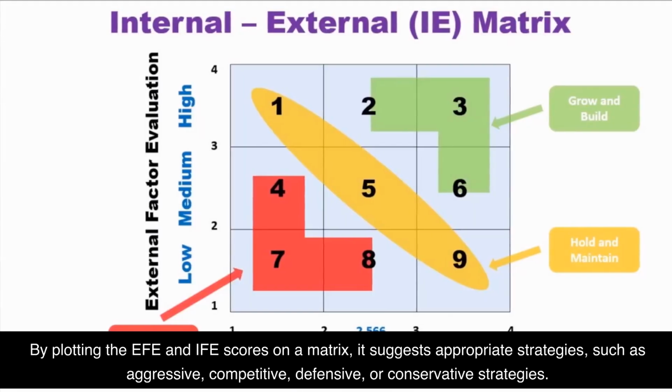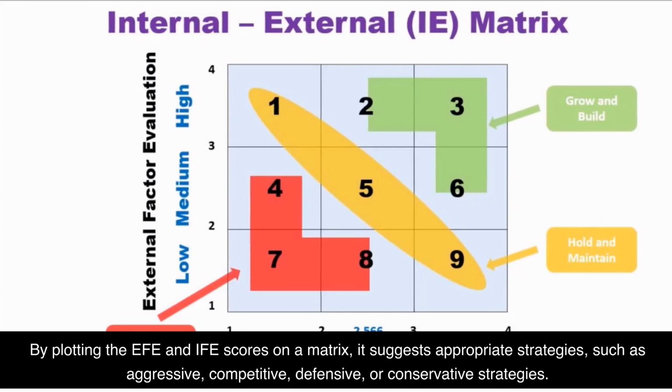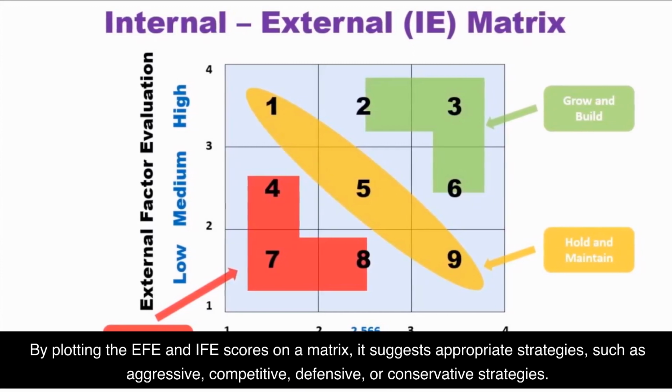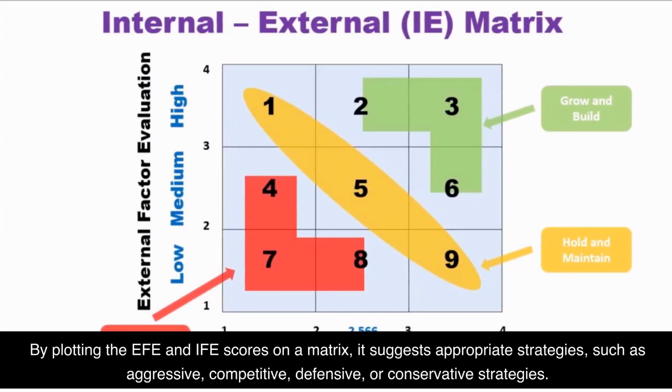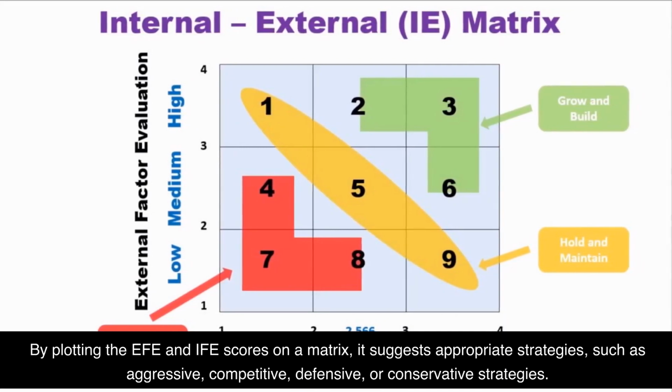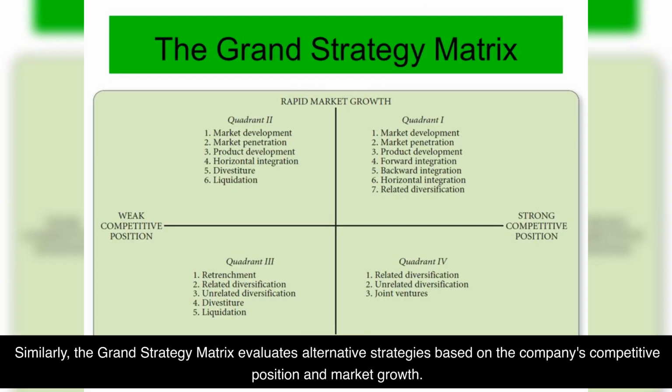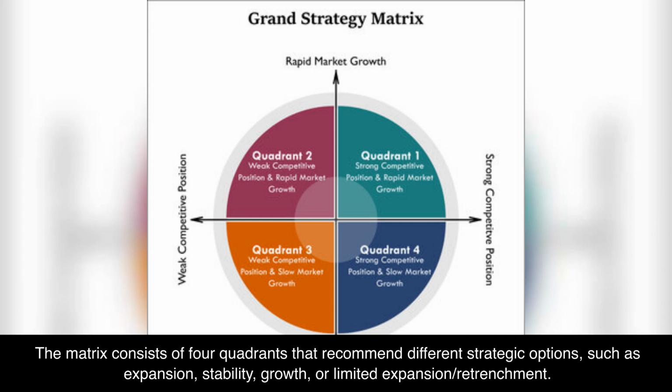By plotting the EFE and IFE scores on a matrix, it suggests appropriate strategies, such as aggressive, competitive, defensive, or conservative strategies. Similarly, the Grand Strategy Matrix evaluates alternative strategies based on the company's competitive position and market growth. The matrix consists of 4 quadrants that recommend different strategic options, such as expansion, stability, growth, or limited expansion, retrenchment.